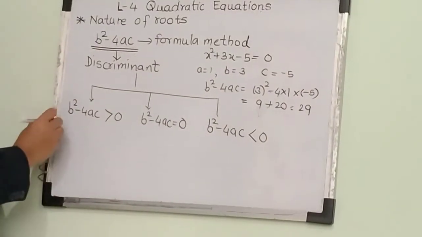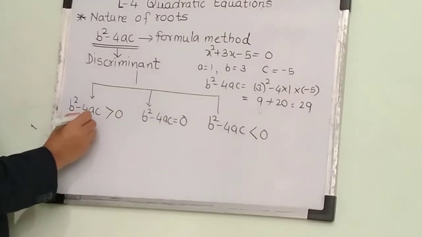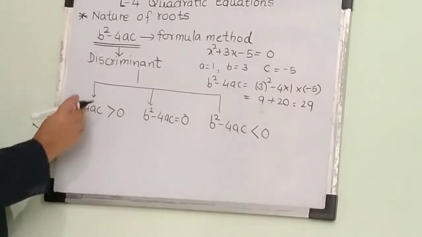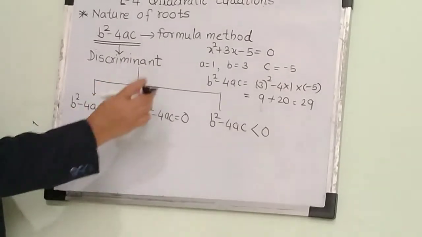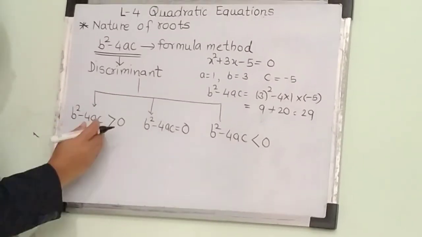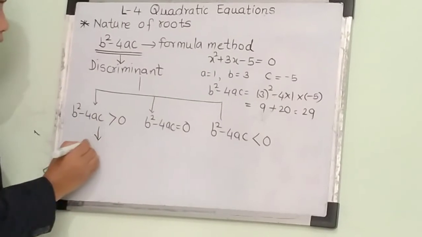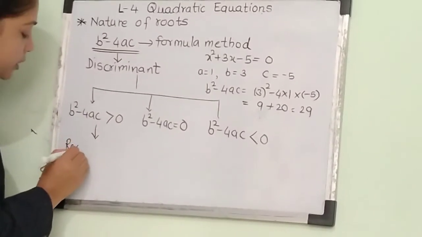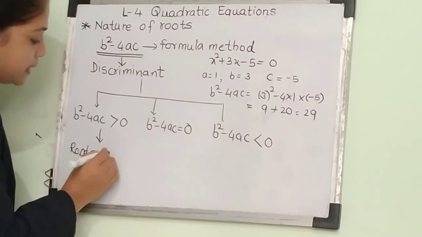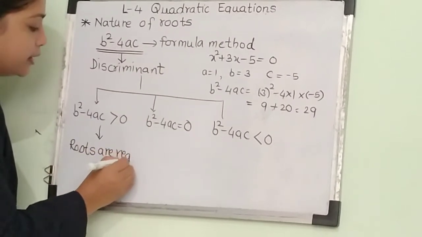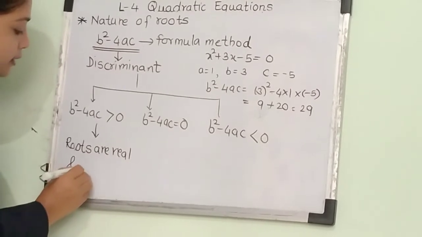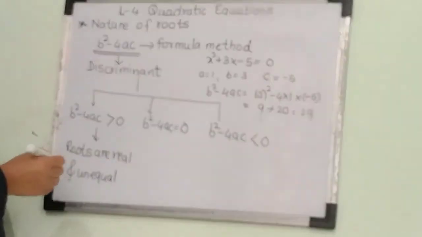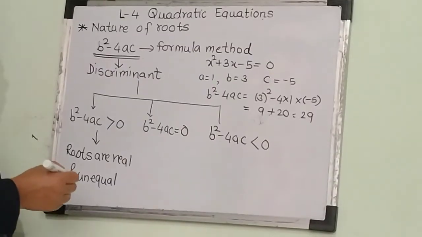So first, when b square minus 4ac is greater than 0, it means the value of discriminant is positive, more than 0. Then the roots are real and unequal.